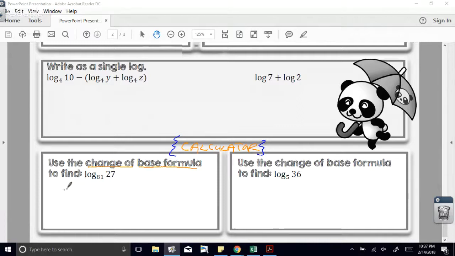And the way that we're going to use this, we're going to make these logarithm problems the common log or a log with the base 10. This becomes log over log. The big number stays in the top, so log of 27. The little number goes to the bottom. Okay, this is now something that you input in the calculator.